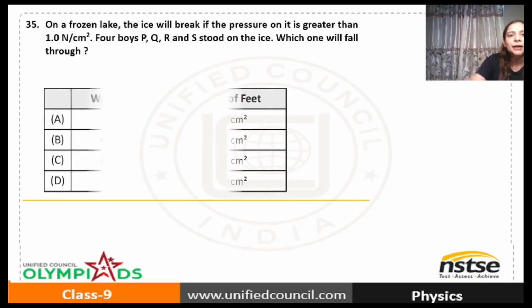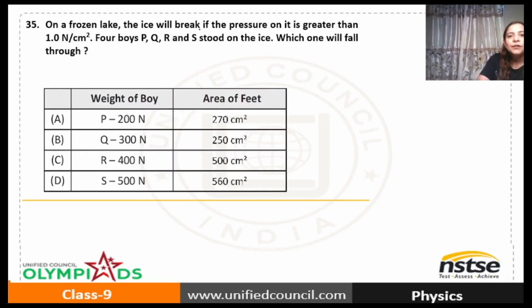Next question. On the frozen lake, the ice will break if the pressure on it is greater than 1 Newton per centimeter square. So here it is written that the frozen lake can withstand a pressure of 1 Newton per centimeter square. And 4 boys P, Q, R, S stood on the ice. You have 4 boys, their weights are given, and the area of the feet is given.